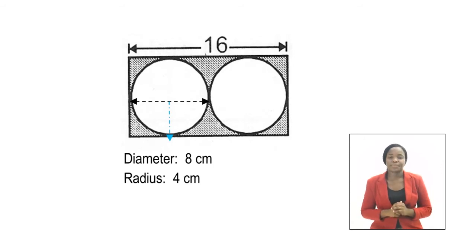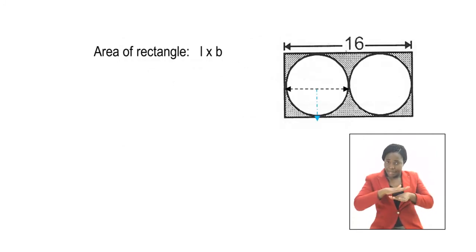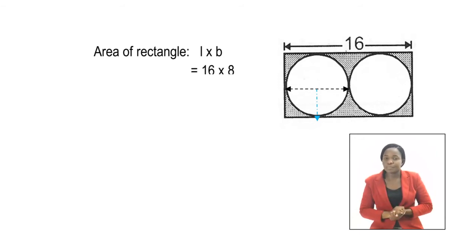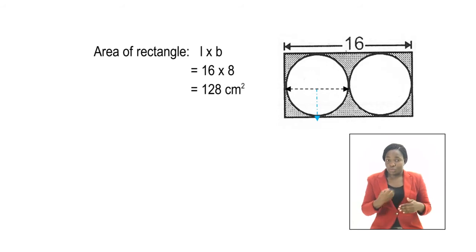Yes, we can start with the area of the rectangle. Write down area equals length times breadth. So it will be the length 16 times the breadth 8, which gives us 128 centimeters squared.